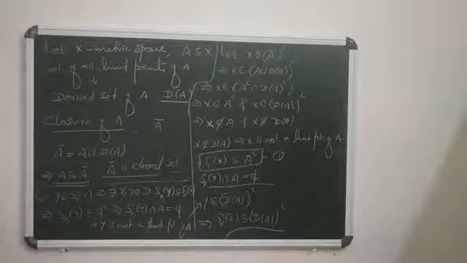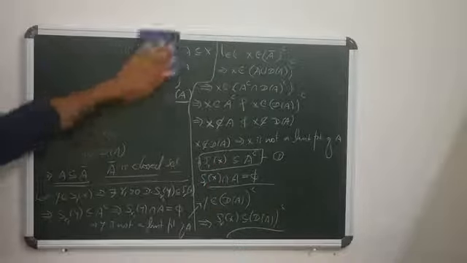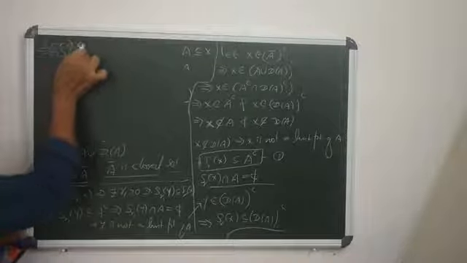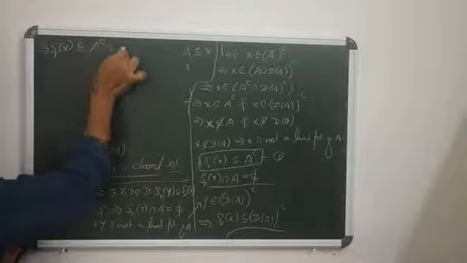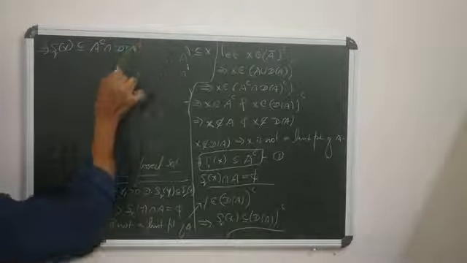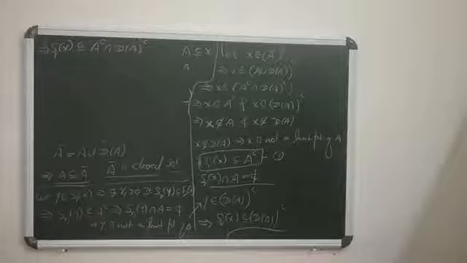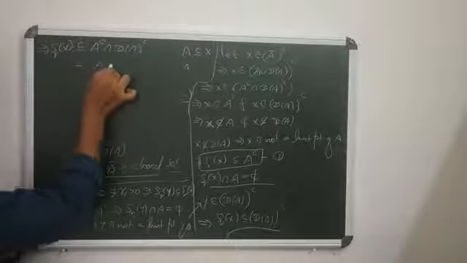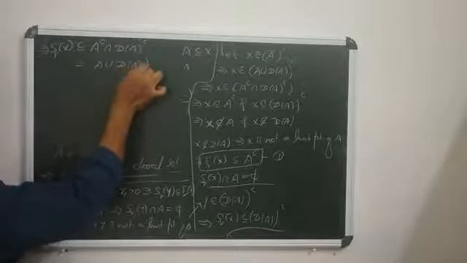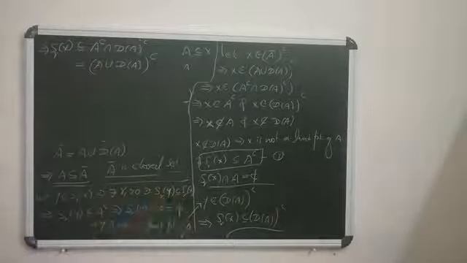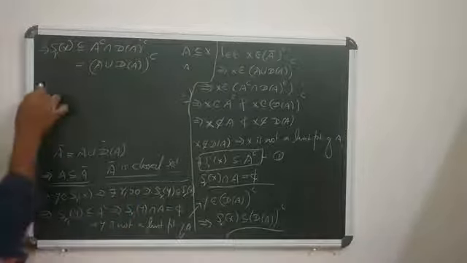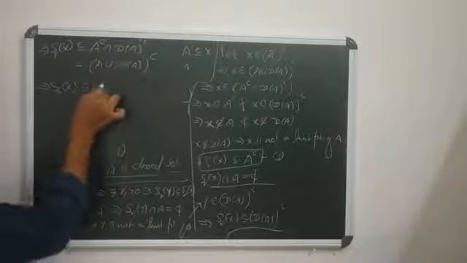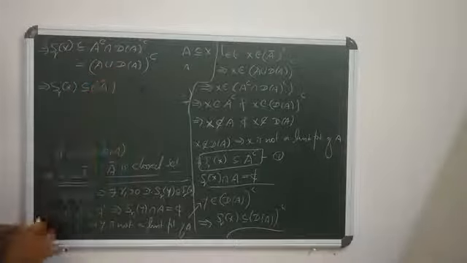That means S(r, x) is a part of A complement intersection D of A complement, which is the complement of A union D of A. That is, S(r, x) is a part of A closure complement.